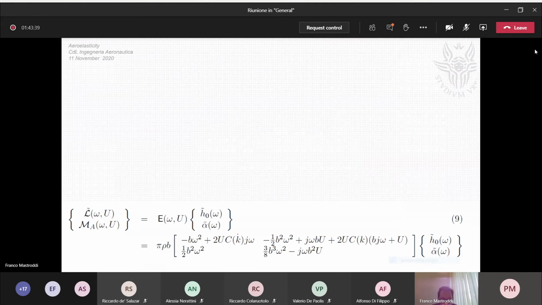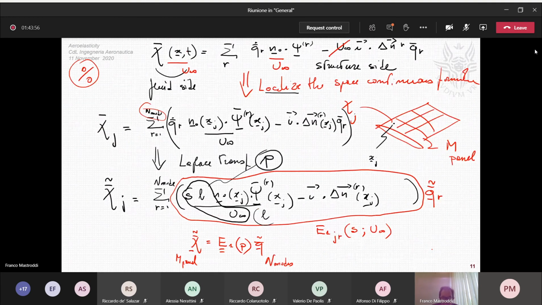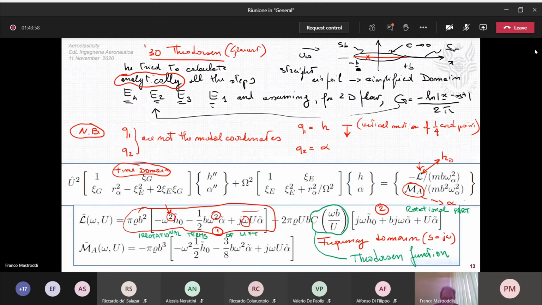You can group everything multiplying H, everything multiplying alpha, for lift here. You have lift, something multiplying alpha.